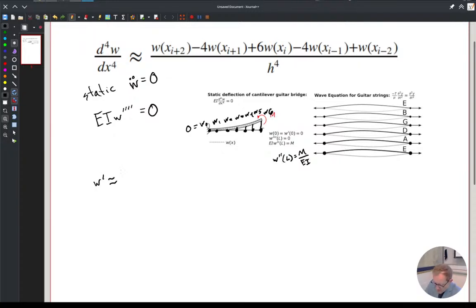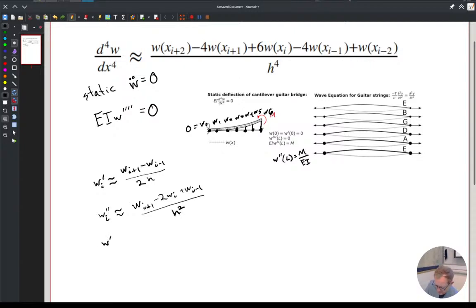W prime is W(i+1) minus W(i-1) all over 2 delta x, or we'll say 2h, since we're just using that h. W double prime is W(i+1) minus 2W(i) plus W(i-1) all over h squared. And here, let's write this in so we know.